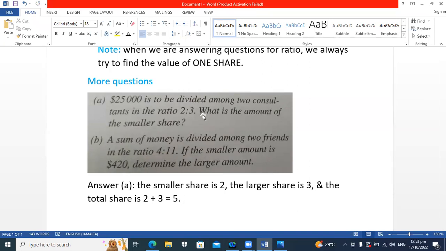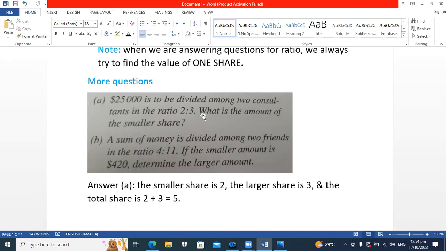Remember now, how many consultants do we have? We have 2 consultants, and the 2 consultants sum up to 5 shares. So the 25,000 must be shared among the 5 shares. Everybody follow that? Yes, sir.